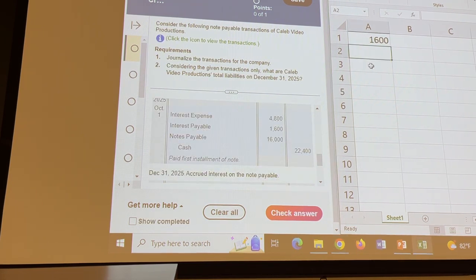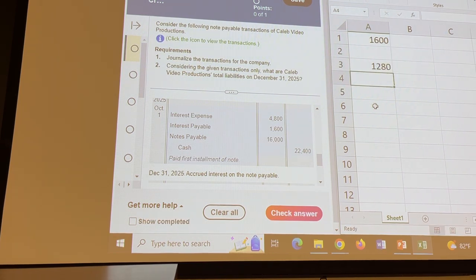So it was originally an $80,000 note, but we paid off $16,000 of the principal. So now I guess that means we have $64,000 of the note left. So we take that amount times 8% times 3/12.